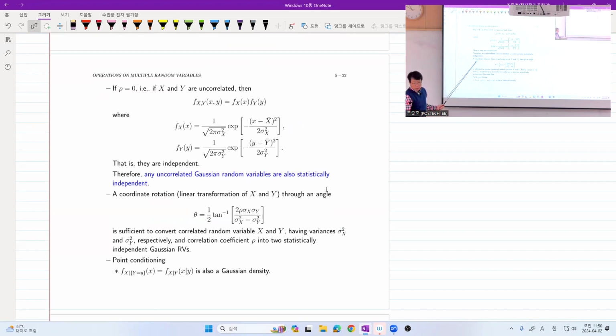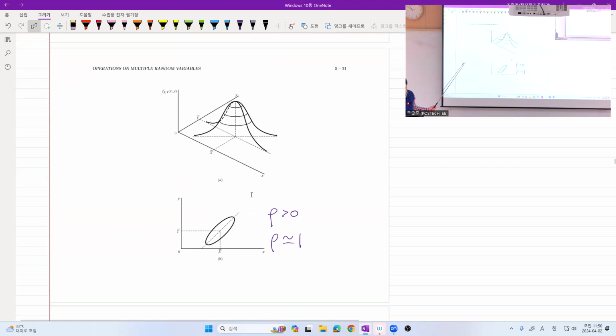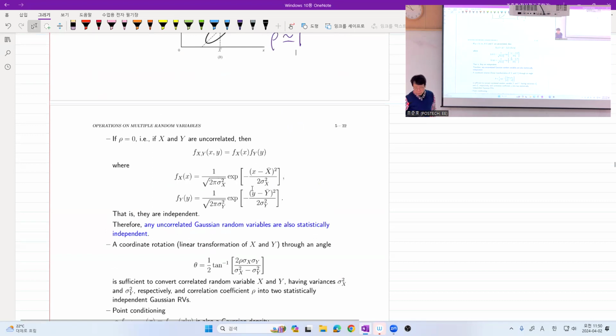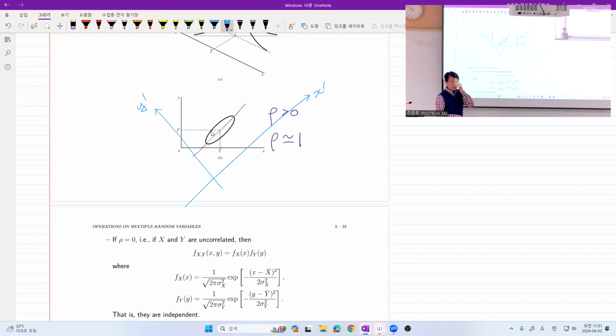By the way, there goes something interesting. You can find the angle of the slope of this major axis. And now you may define a new axis, something like this. By the way, such a coordinate rotation or affine transform of coordinates can be done by an affine transformation.